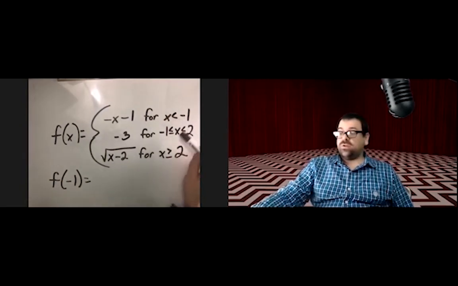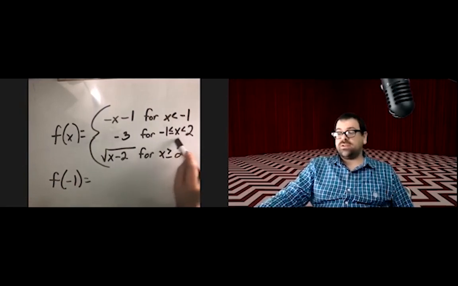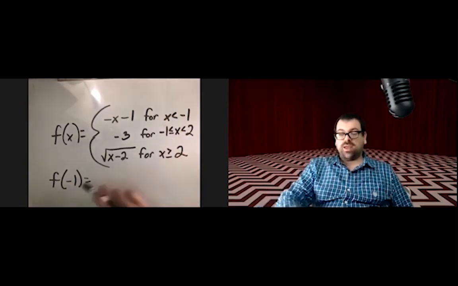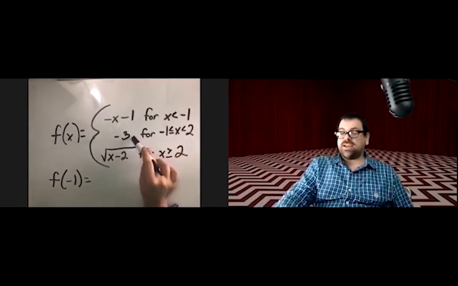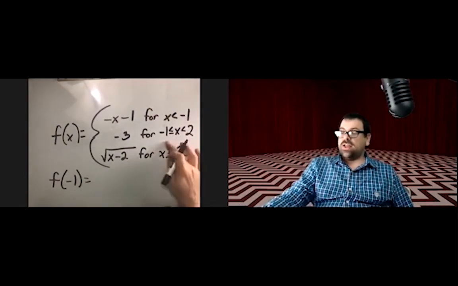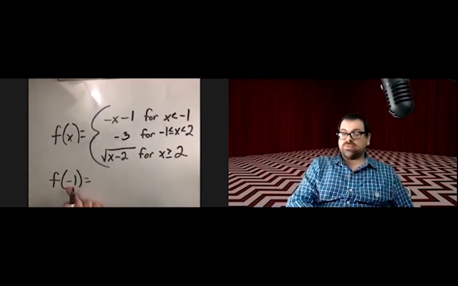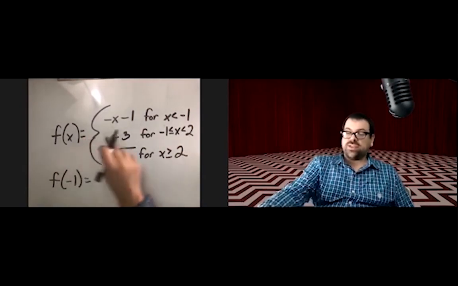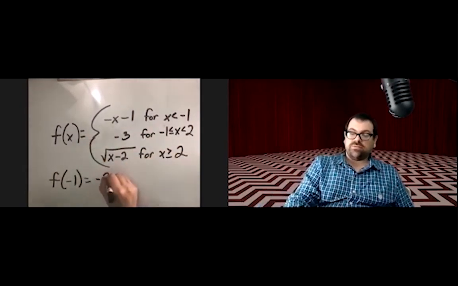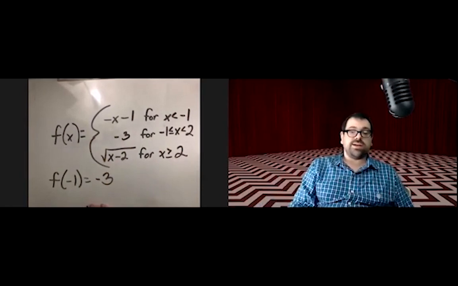So we would have to look for the or equal to here. So if x is equal to -1, like here, it's going to fall on the second one. And for all x values here, including this one, the function is equal to -3. Nothing else to do there. It's just equal to -3.